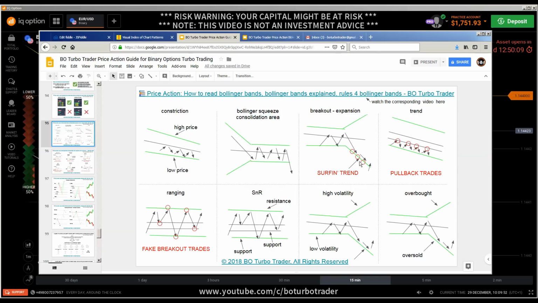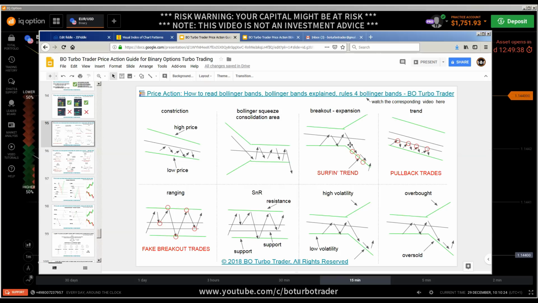Bollinger Bands explains the rules for Bollinger Bands, how to do your trades, surfing the trend, pullback trades, fake breakout trades, and all those things in the different market conditions which the Bollinger Bands are telling you. And here the breakout expansion can also be traded, because somebody asked me this. I don't know who it was, but somebody asked how to trade this, and you can trade not only on the 2 deviation, you can trade on every deviation.